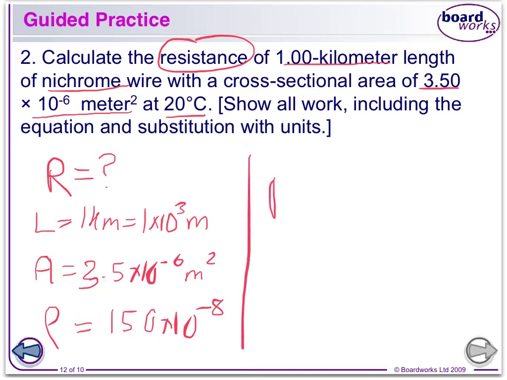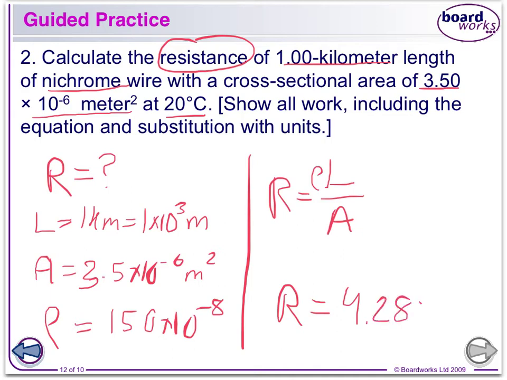Finally, we just use our equation: R equals rho L over area. And solving this, we get that R is equal to 4.28 times 10 to the 18th, which is crazy big, ohms.